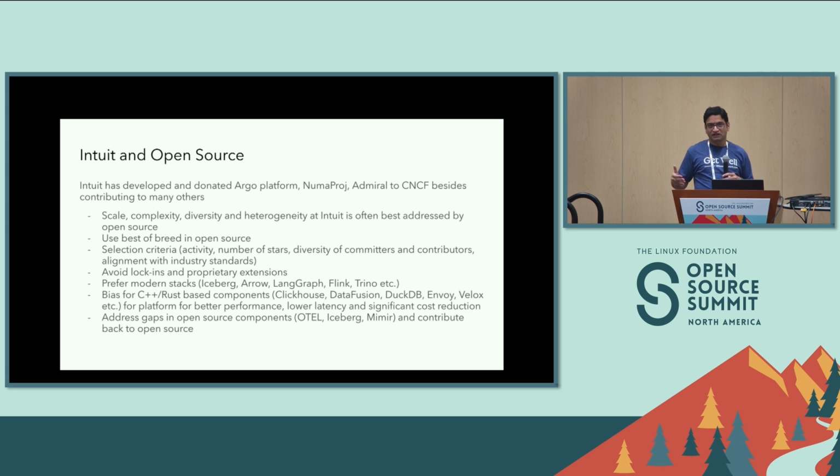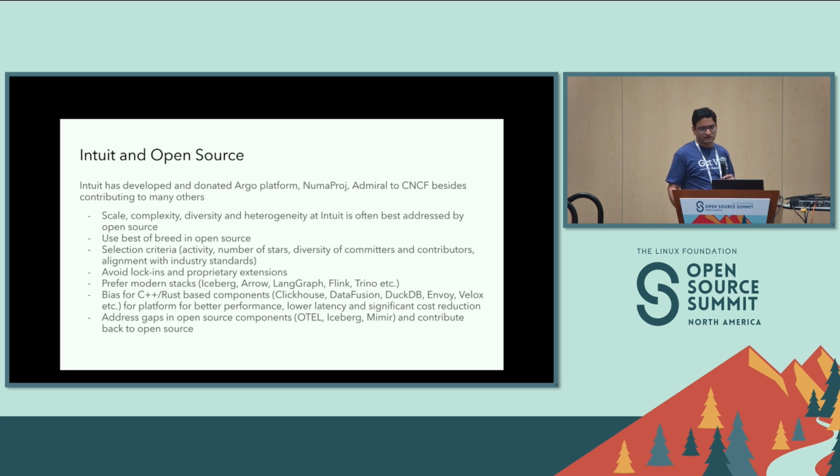Whereas our approach is to take the best of breed in open source. Out of the box, that will not work for you, but it will meet 90 to 95% of your needs. Then how do you address the rest? We identify the gaps, incrementally fix them, and contribute back to the open source community. We have done that extensively in Istio, Kubernetes, API gateways, Kafka, Pulsar, and so on. And quite a bit in observability, as Ashwini will be talking about.